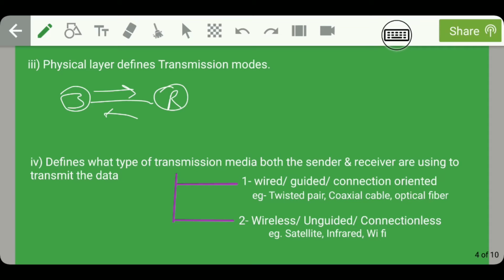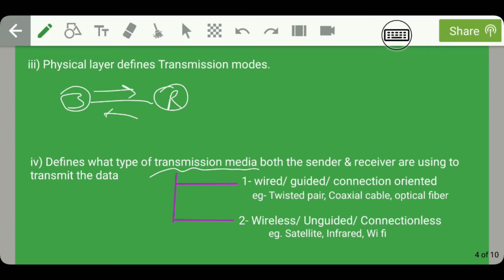Guys, moving on, the fourth functionality of the physical layer is that it defines what type of transmission media the sender and receiver are using to transmit the data. This transmission media can be classified into two types. The first is wired and the second is wireless media.